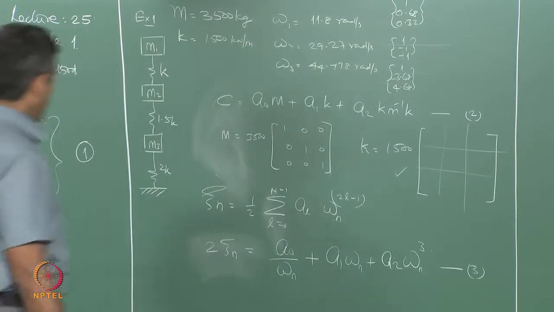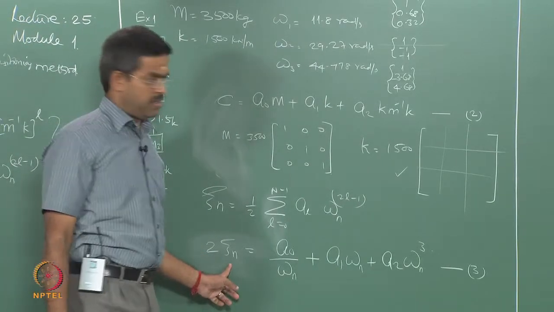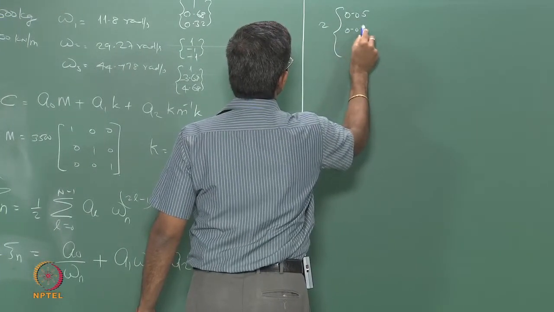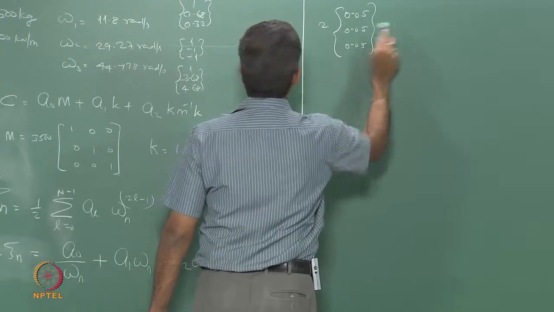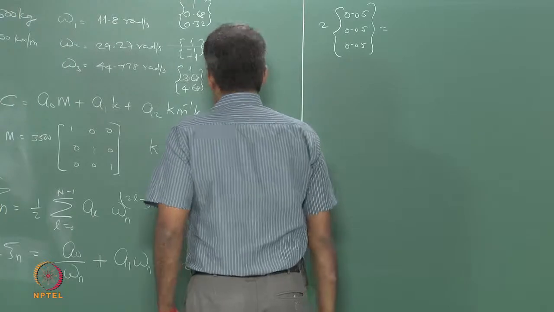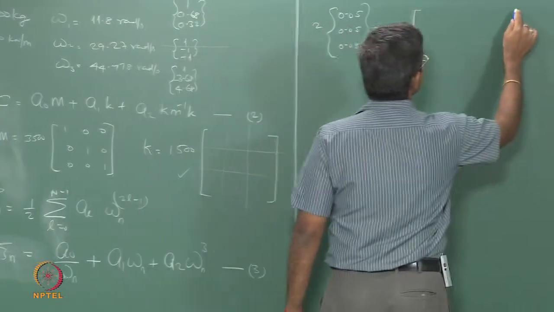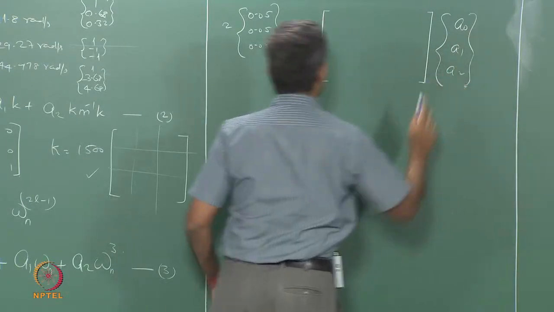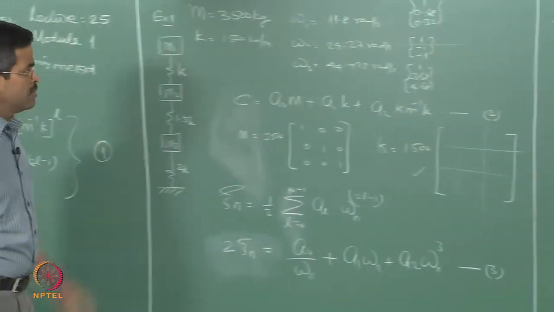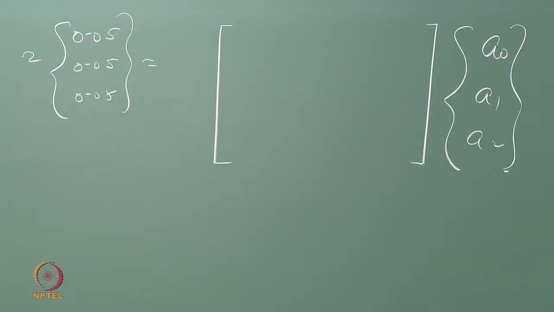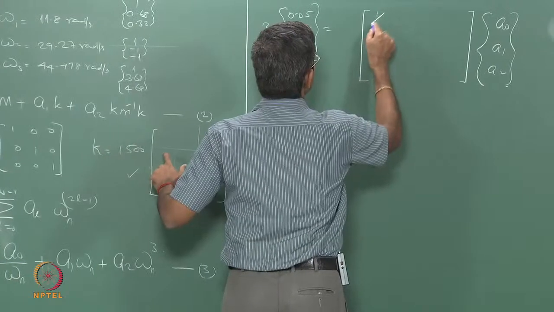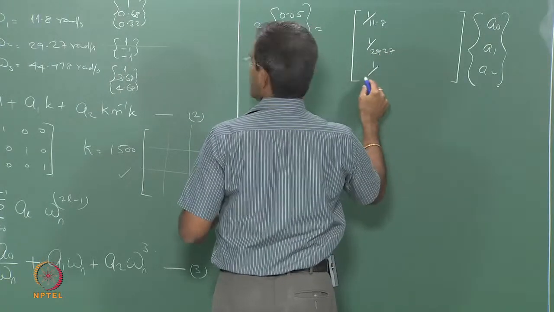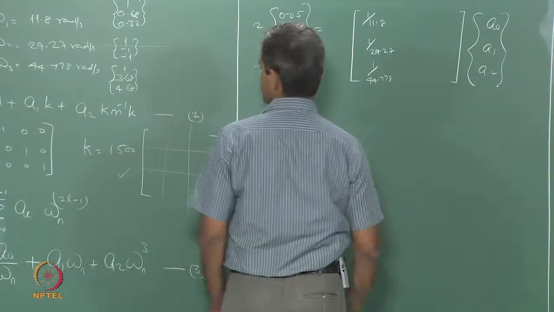Now, let us assume that I have 5% damping in all the considered modes for the study. So, the omegas are 11.8, so 1 by 11.8, 1 by 29.27 and 1 by 44.778.